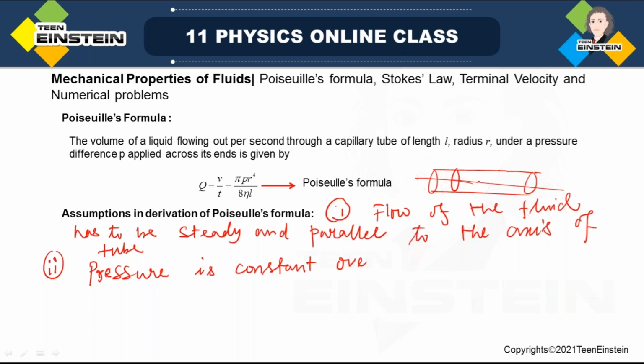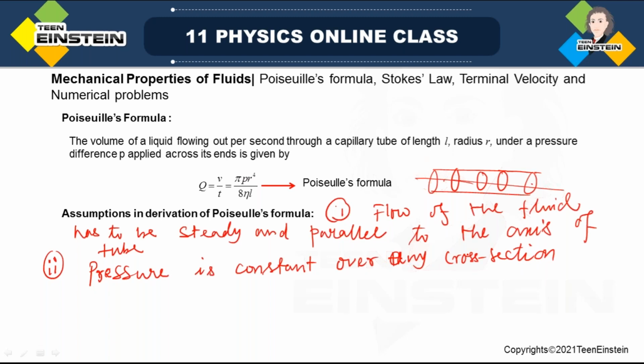That means if we take this place, this place, or two ends, everywhere the pressure difference has to be the same over any cross section.